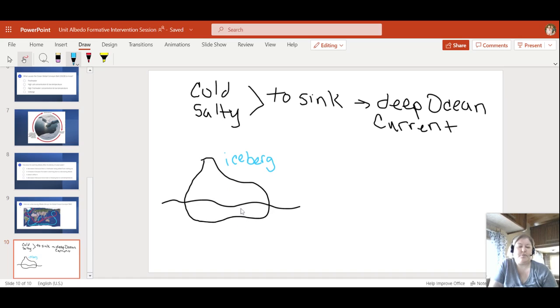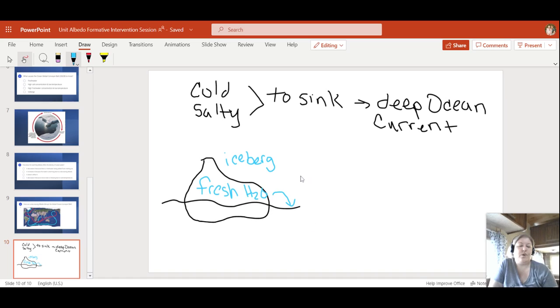Okay, so icebergs are mostly made out of fresh water because when ice forms, fresh water freezes at a higher temperature than salt water. So the fresh water is going to freeze. So an iceberg is mostly fresh water. So what is happening is that fresh water is now entering the ocean.